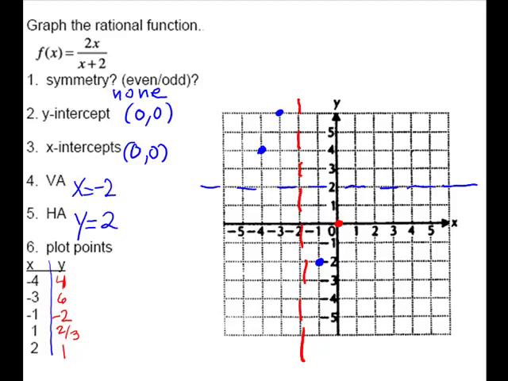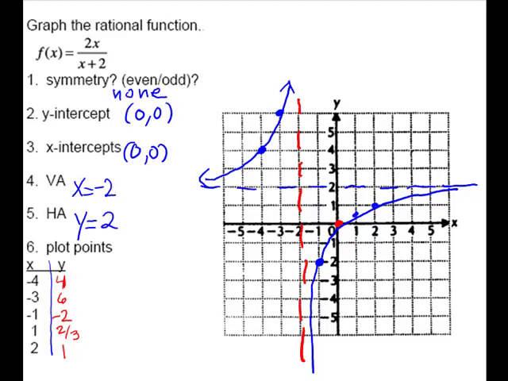One and 2/3. And 2, 1. Right, and remember that it's going to go toward the asymptotes. So this will go this way, and this way, and this one will go this way.